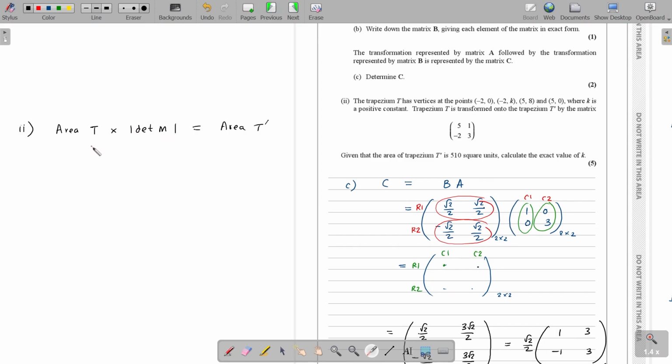So, you will have to do a quick sketch of it, because you have to find the area. So what are our coordinates? Minus 2, 0, minus 2, k, where k is a positive constant, which means minus 2, k should be up over here.